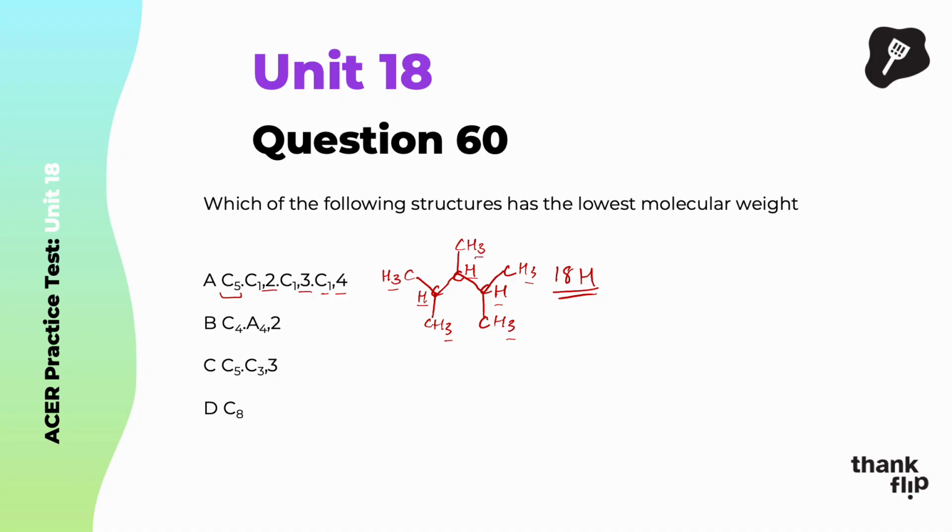Then let's draw out B. So this was A. Let's draw out B. We have C4, so we're going to go 1, 2, 3, 4. So those are our carbons. Then at position 2, we have a 4-carbon ring. So we can draw in our carbons now. Here we're going to have a H3 at the end.